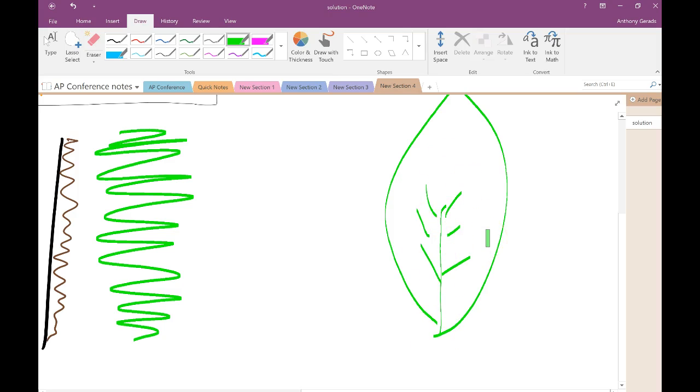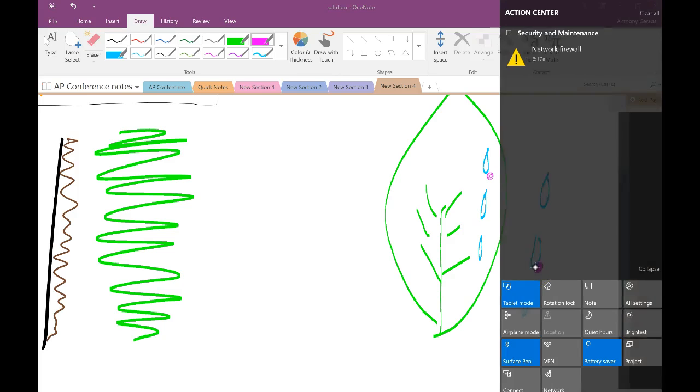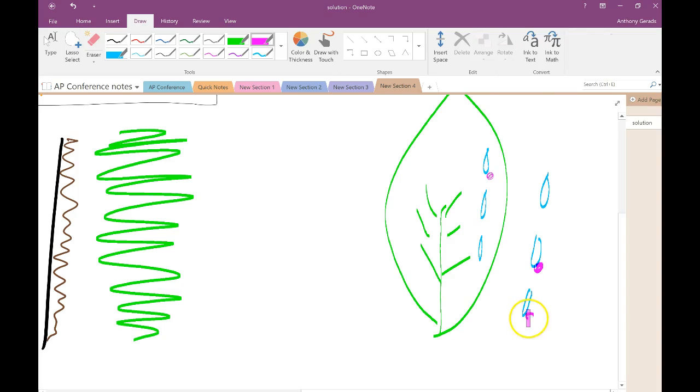Inside of that leaf, let's say, for every 3 water molecules, one of them is bound. Outside of your leaf, for every 3 water molecules, 2 of them are bound, because we put salt around there.